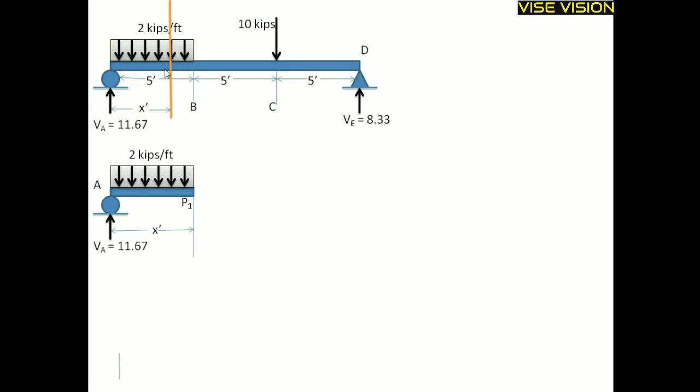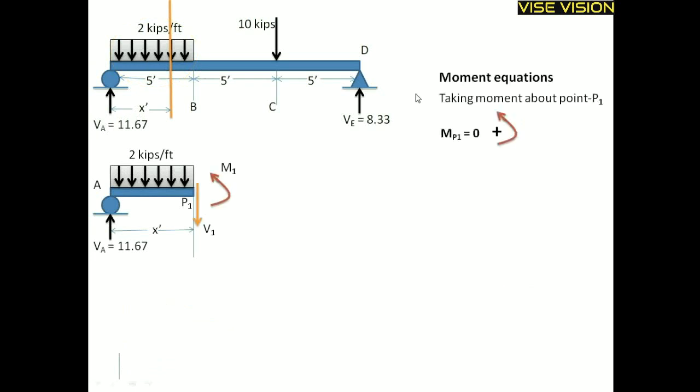And now I will write the bending moment equation. For this I will take the moment about point P1 and take counterclockwise moment as positive. M1 is taken as positive because it is counterclockwise. 2 into x is the UDL force value, and x by 2 is its moment arm about point P1.